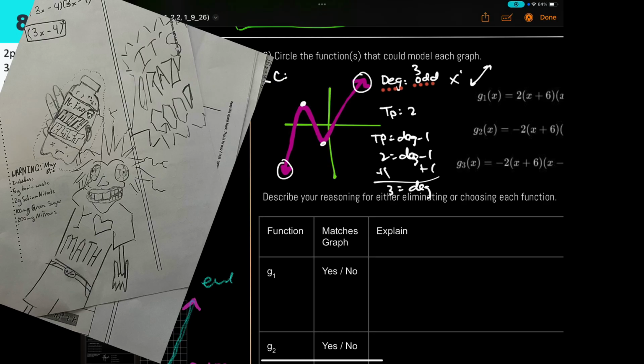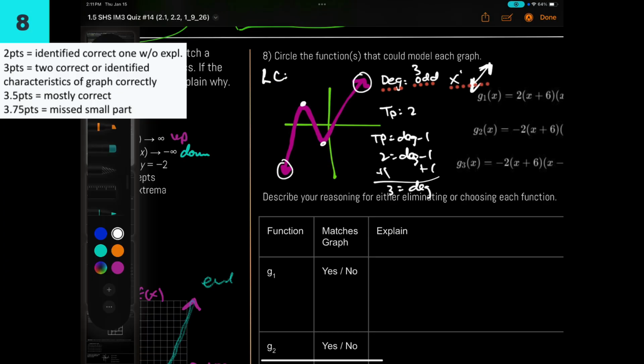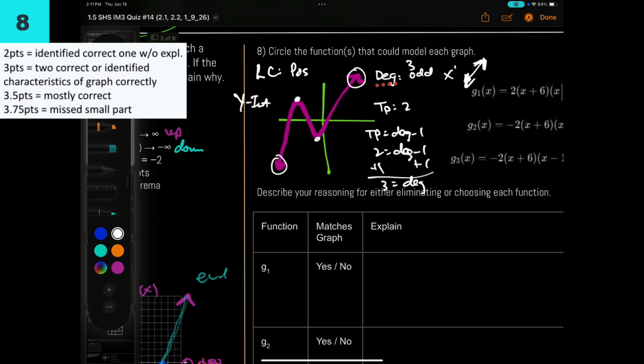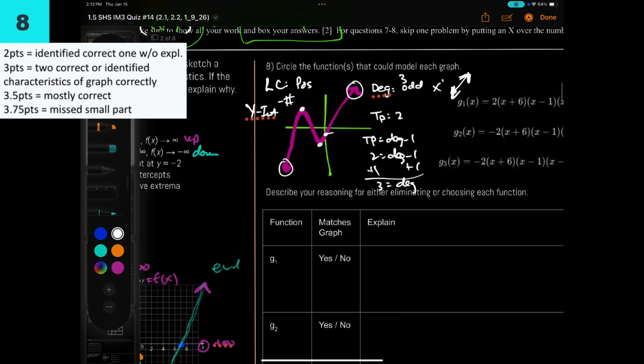In this case, it is positive because these arrows stay in their locations. And then lastly, you can do y-intercept. The y-intercept here is some kind of negative number. Okay, so let's go ahead and go through each of these here.